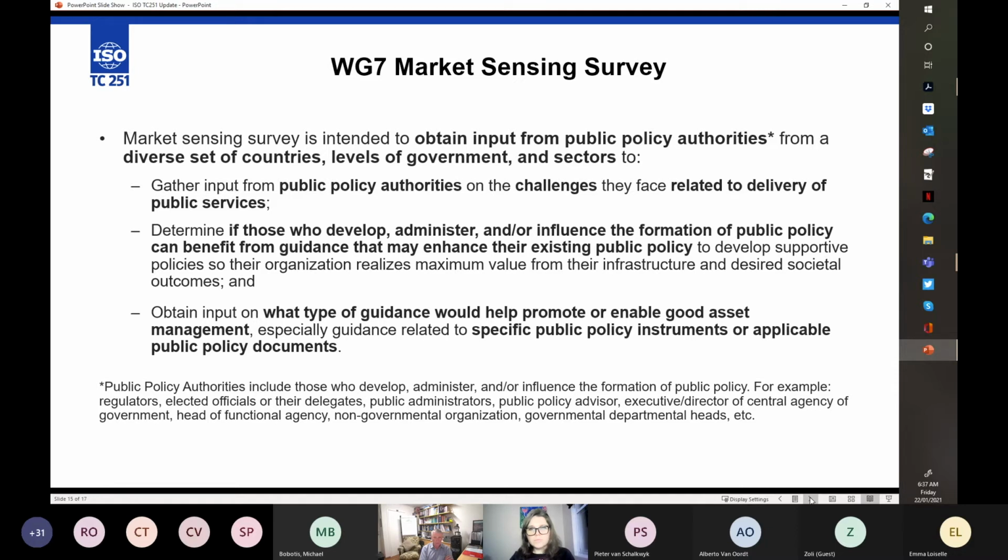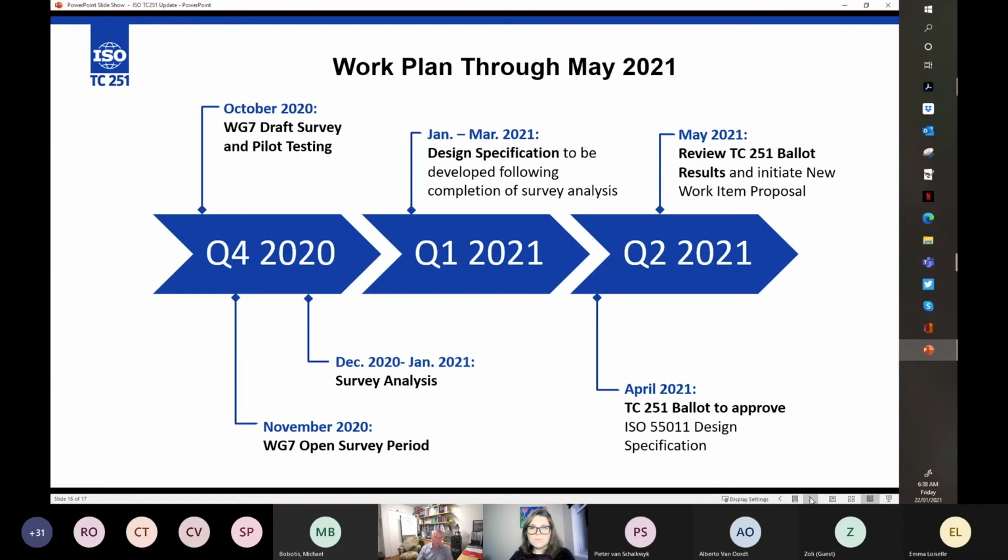Other countries have very low levels of public policy on what they're going to do from an asset management perspective. So this group has been trying to put some guidance notes together around how to do that. It's getting some momentum now, as the interest levels in asset management increase. So it's pleasing to see that they are making some headway now.